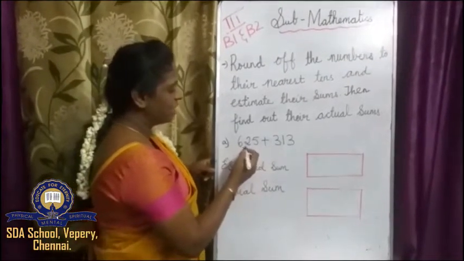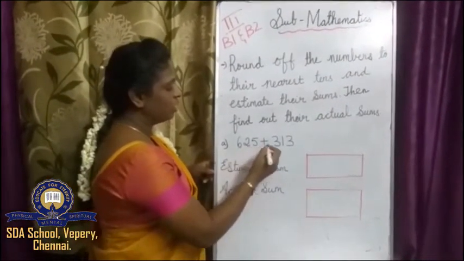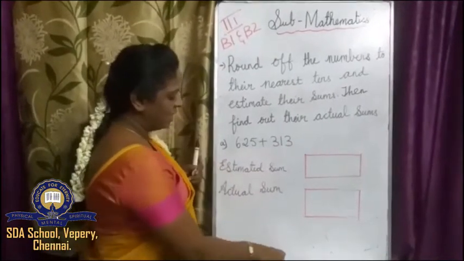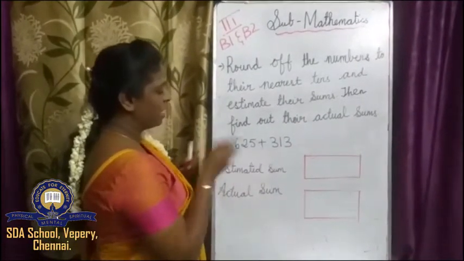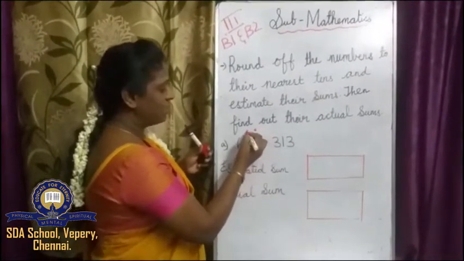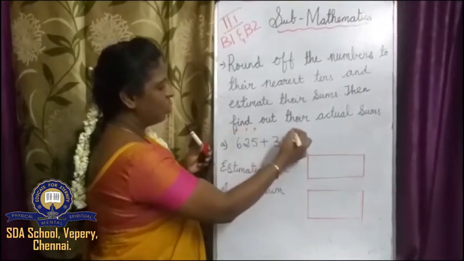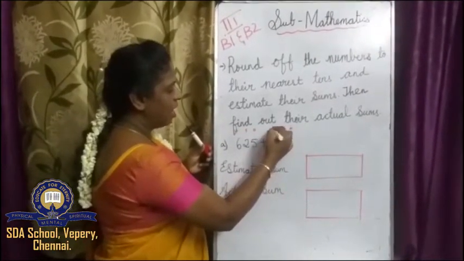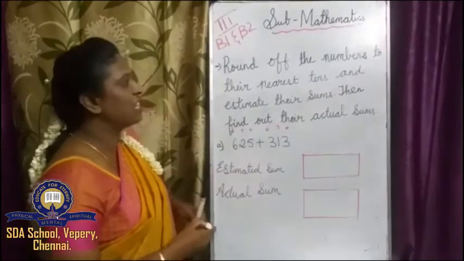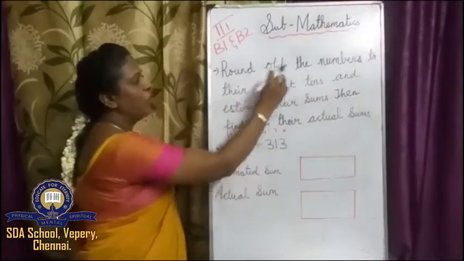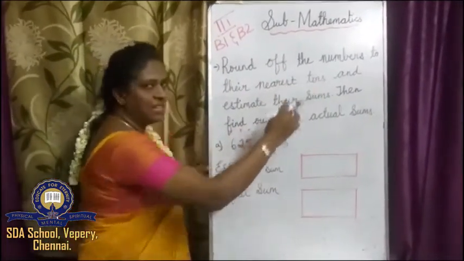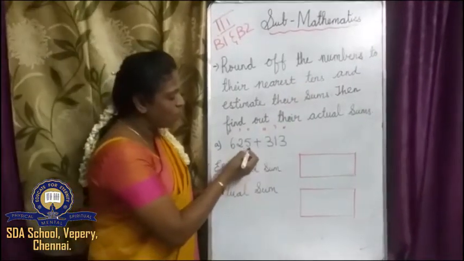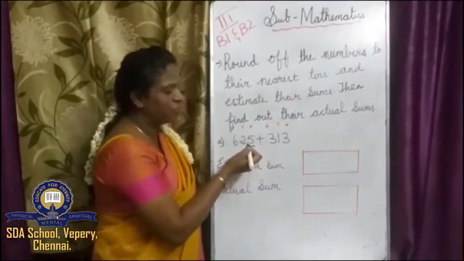Let us see the numbers here. Okay, how many digits are there? 3. 1, 2, 3. First let us write the place values as usual. Ones, tens, hundreds, ones, tens, hundreds. Children, now they are asking you to round off to the nearest tens. Now ones place, what do you have? 5.